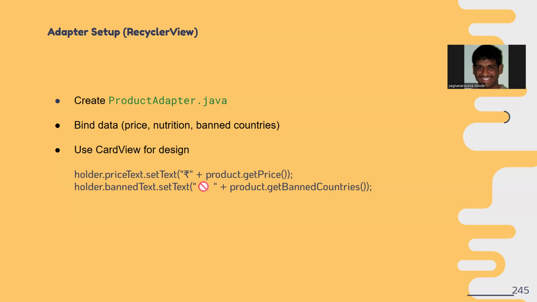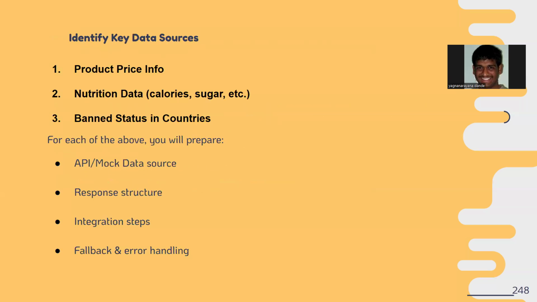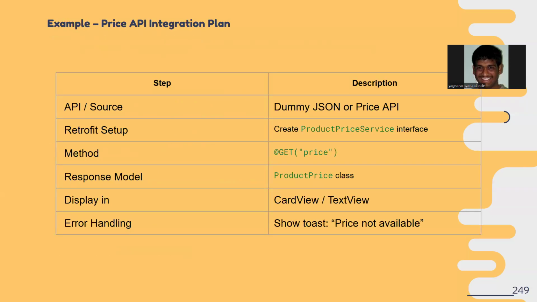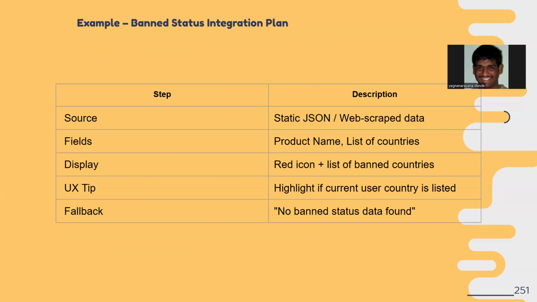So for nutrition, we are going to use the Nutritionix API and it needs the product name. We already have the product name and it gives calories, sugar, fat, proteins, and you can show it in 2 more boxes.